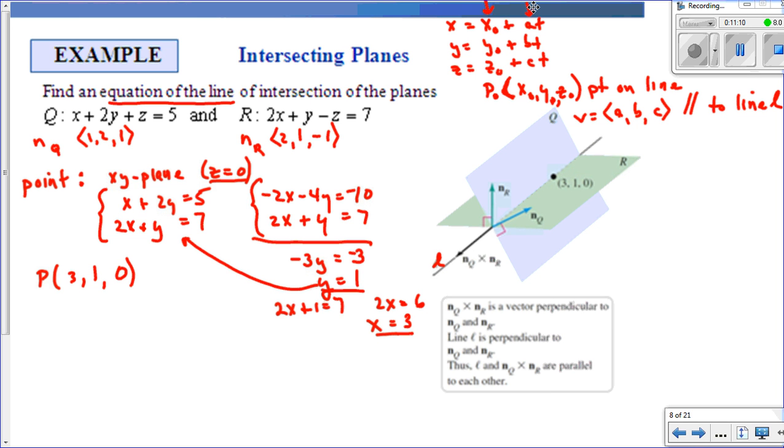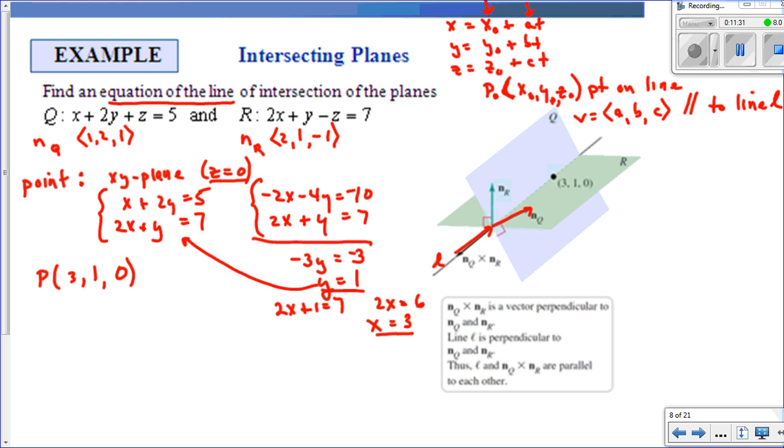Now I need to find a vector that is parallel to this line. Now look at the normal vectors. This blue plane here, Q, has a normal vector, n sub q.